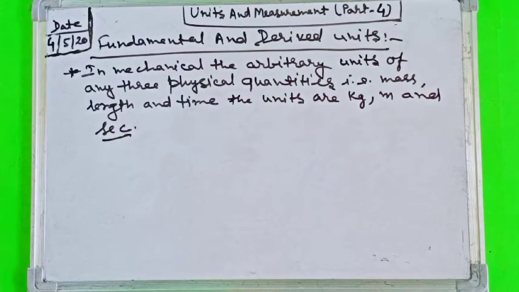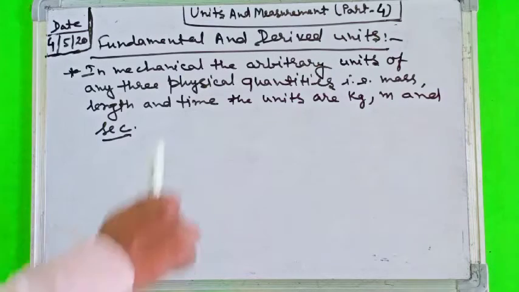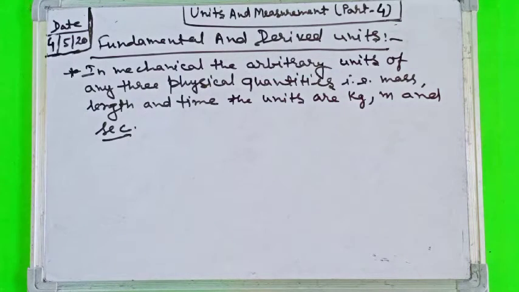Means while dealing with mechanics, we are arbitrarily choosing three physical quantities, and the other physical quantities which can be used in mechanics can be expressed in terms of only these physical quantities.